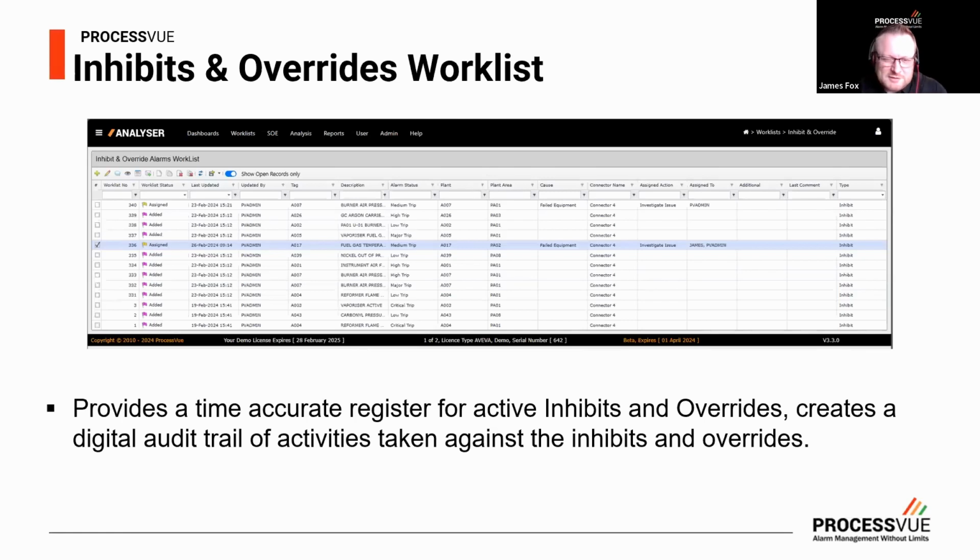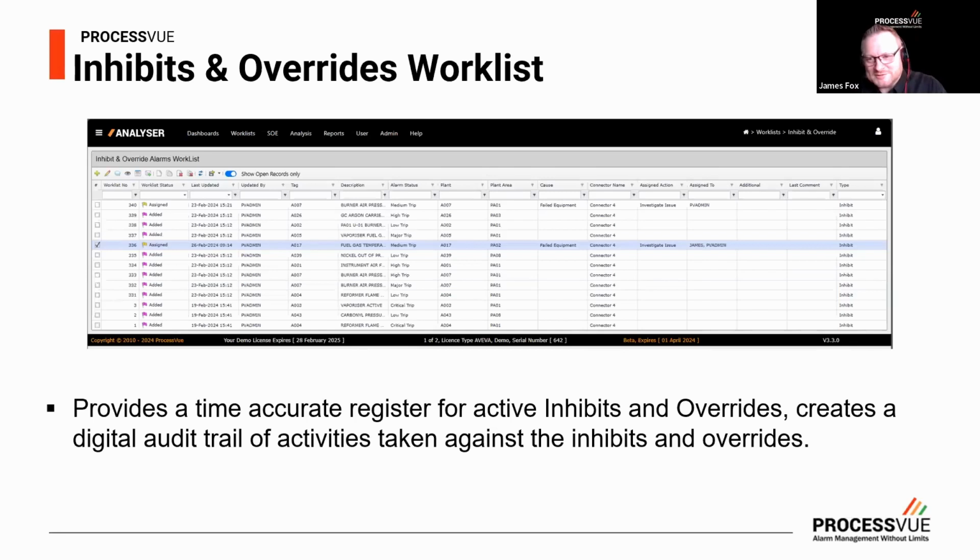So companies will often use paper-based logbooks to record information about inhibits and overrides. And that's great, providing you've got the time to be able to write the information in a manner that is easily written, you accurately timestamp that information, and if that's the only job that people have, then they can take the time to do it.